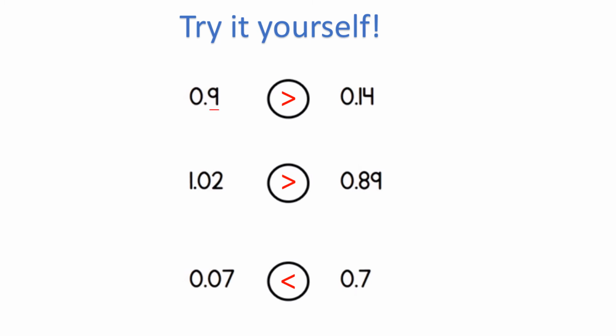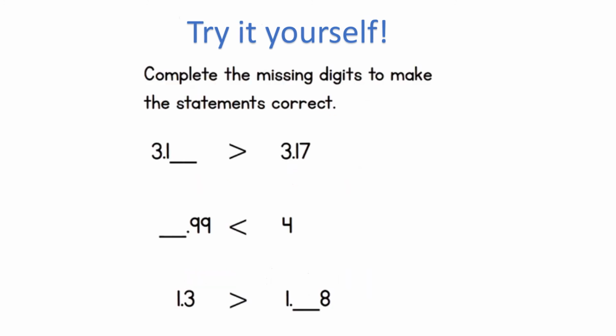Okay, the tenths column. 1.02 is greater than 0.89 because we have our ones over here. And 0.7, 7/10 is greater than 0.07, 7 hundredths. Well done if you got those correct.